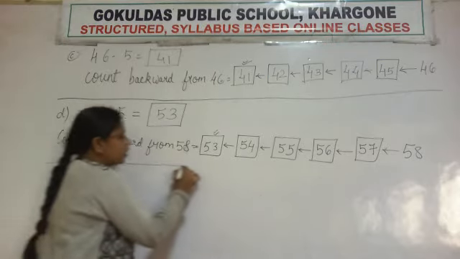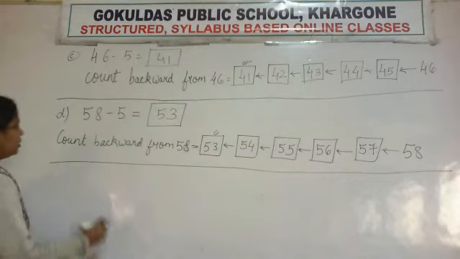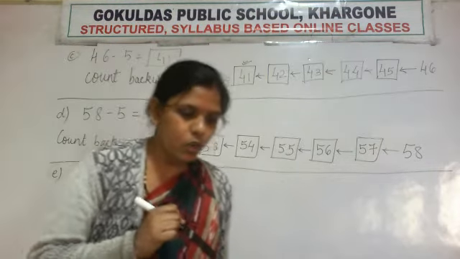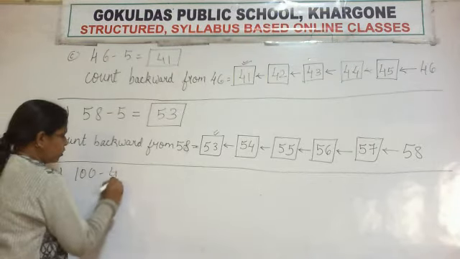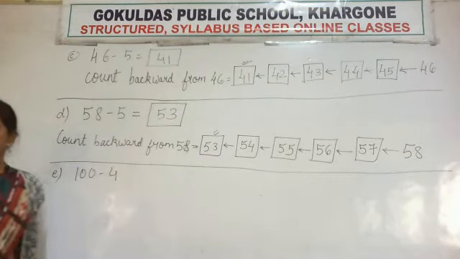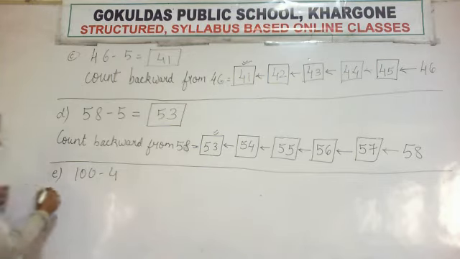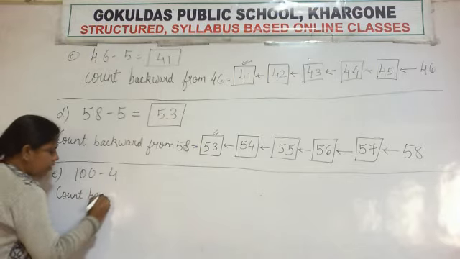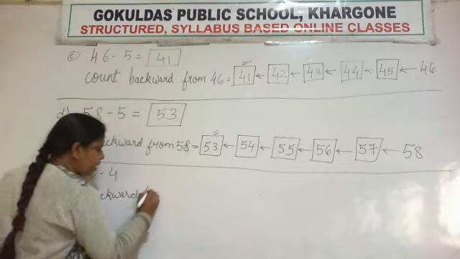Draw this line. Okay. Write the next question E and try to solve this question yourself. 100 minus 4. Try to solve this question. In this question you have to count backward from 100.